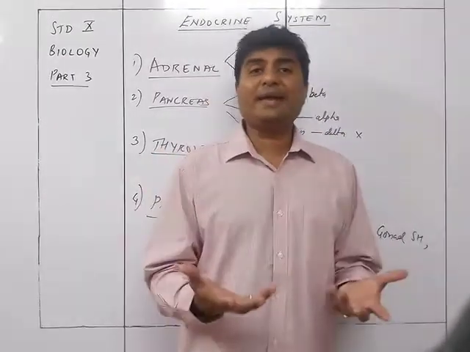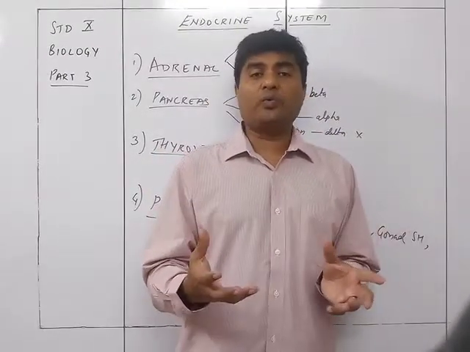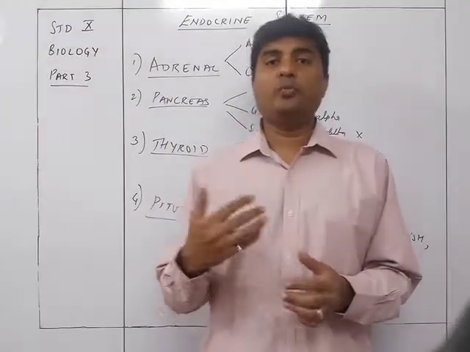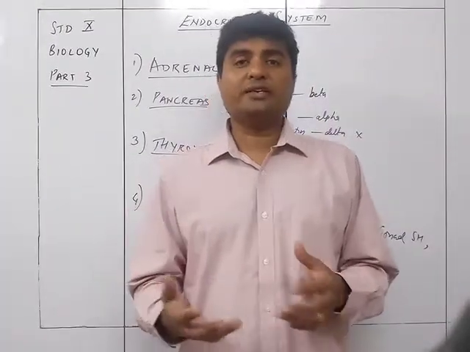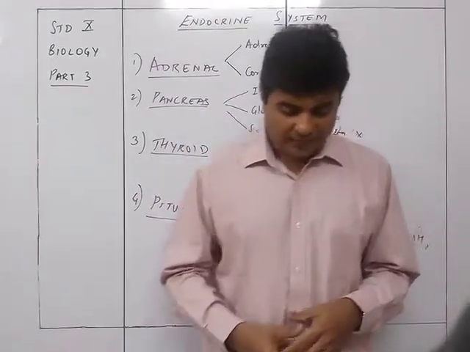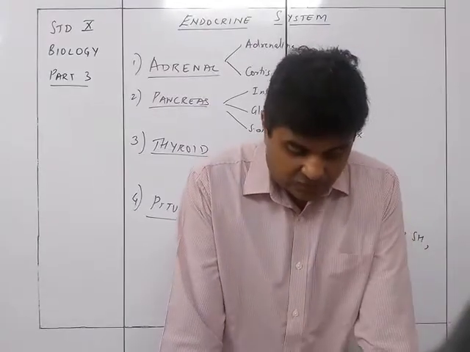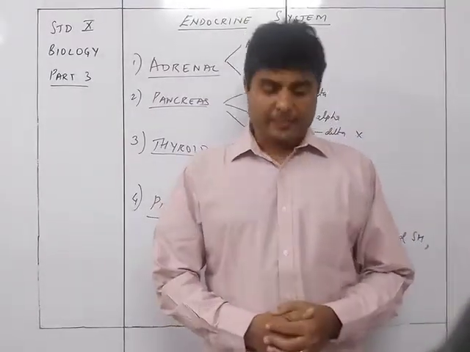So when there is a decrease in the reabsorption, automatically what will happen? There will be more amount of water loss from the body, means there will be more urination taking place. So more urination means more water loss taking place in the body. So that's why the person will be feeling more thirsty. So that is why it is called as diabetes insipidus.